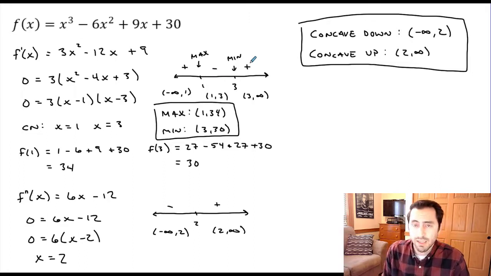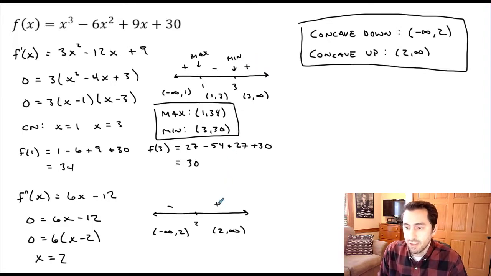That doesn't indicate where the function is concave up or concave down. So that's why we need to take a look at the second derivative, because now we only have 2 intervals to consider. Half of our domain is concave down, the other half is concave up.